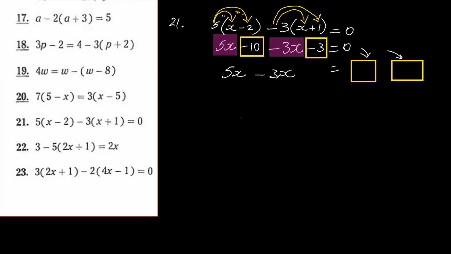Send your answers to my WhatsApp. Now, Janicia, you made a mistake when you carried the 10 over. I'm looking at your work, you made a mistake. All right, Akinde, number 21.